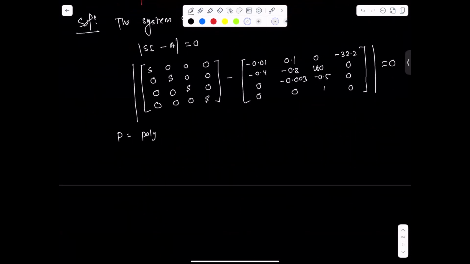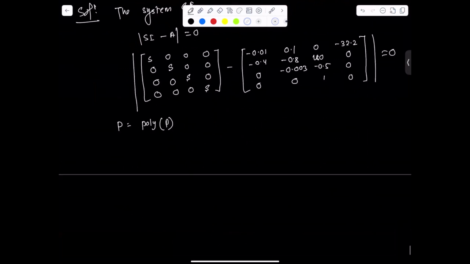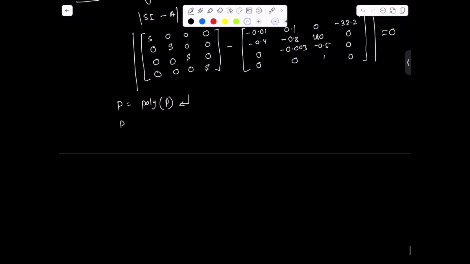You can use the poly command in MATLAB, and if you enter this, you get the coefficients 1, 1.31, 0.99, 0.029, and 0.038.